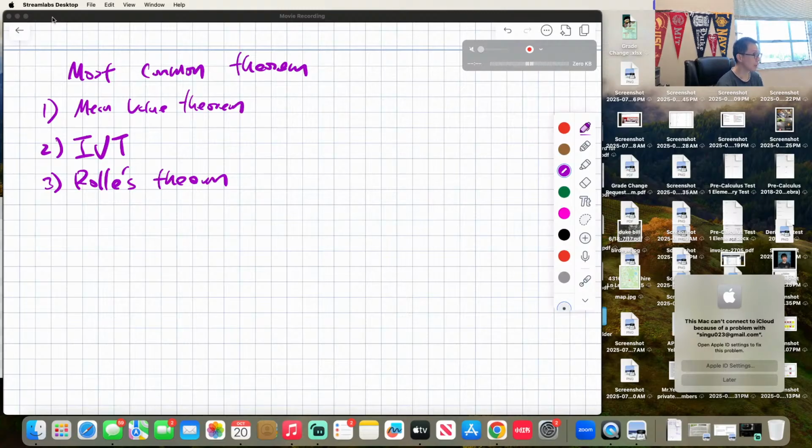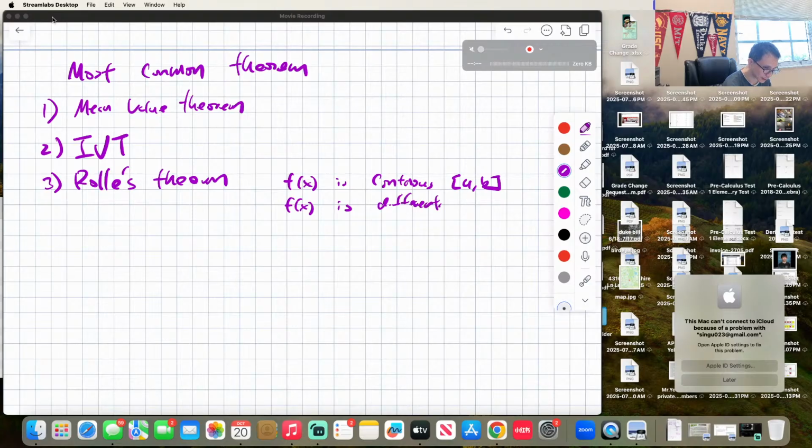Now those definitions: definition of continuous, differentiable. Definition of differentiable is the highest rank for us in this situation. Now Rolle's theorem, I'm going to review again. It says f of x is continuous between a comma b, endpoints included. f of x is differentiable between a to b.